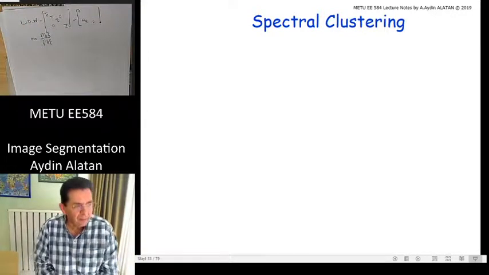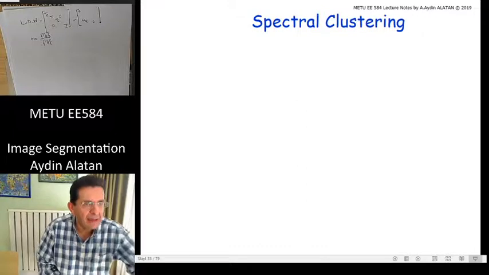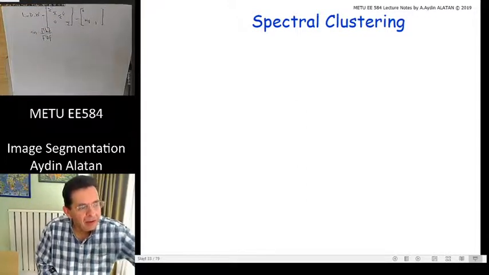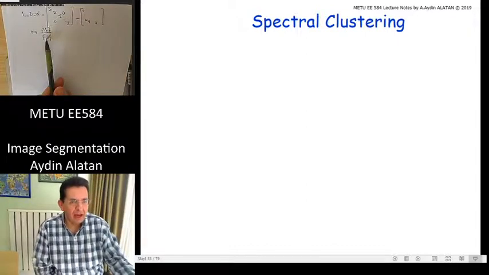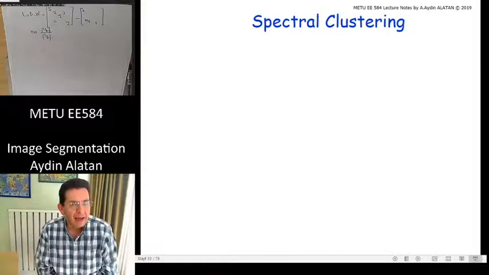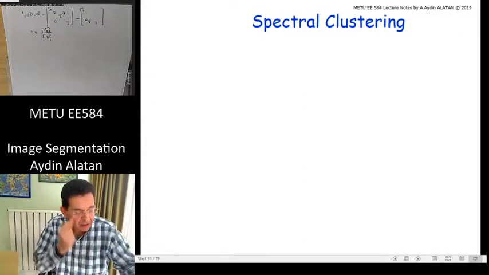Now, we were trying to minimize this, and this minimization turned out to be the thing I have told you, which is the normalized Laplacian L tilde operator, okay?